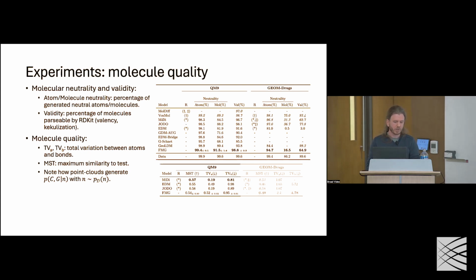Because of this, you can of course trivially match the atom counts of the data, and the atom type counts will probably have a much better TVA, but this is just some property of point clouds. And similarly on Geom, but again, with all the caveats that have been mentioned, with different data settings, different bond representations, and so on.